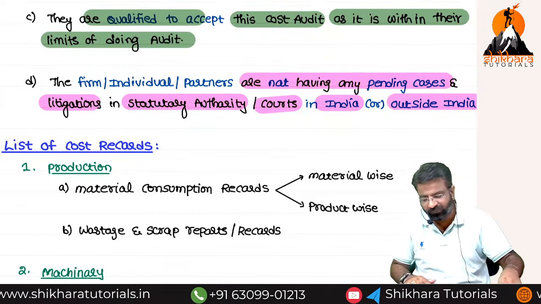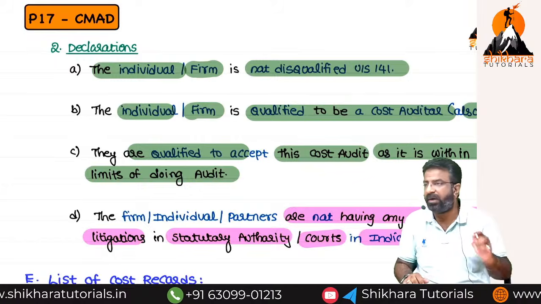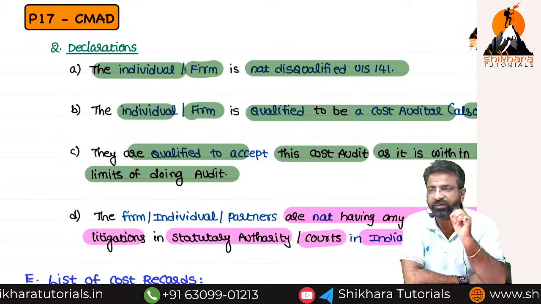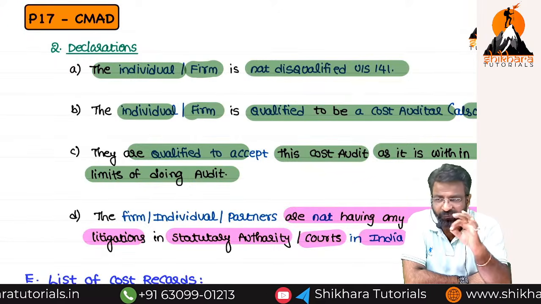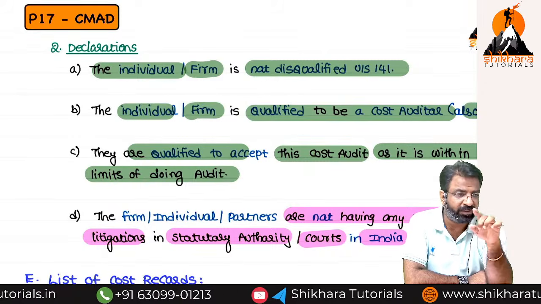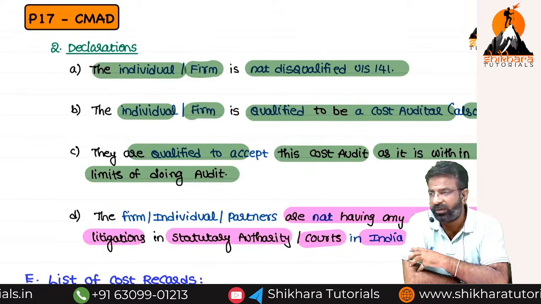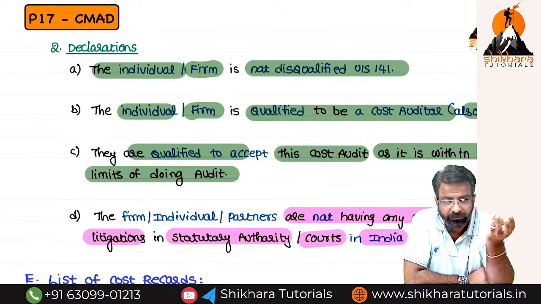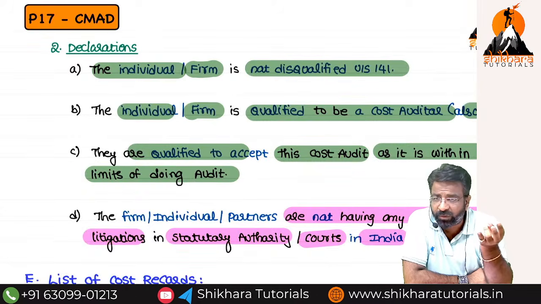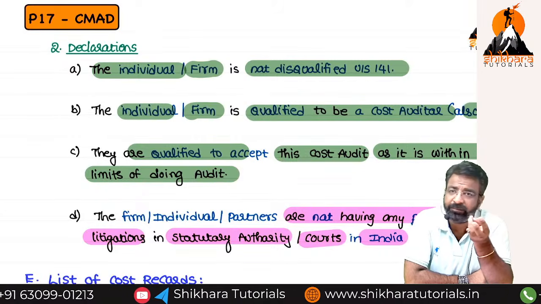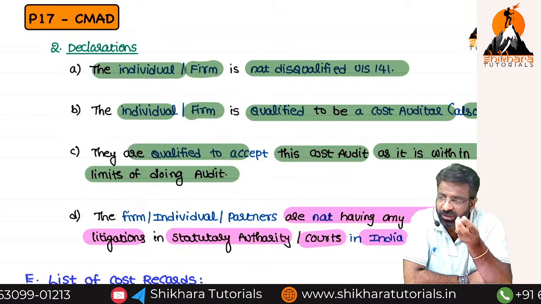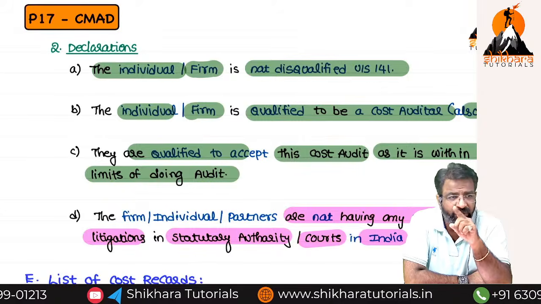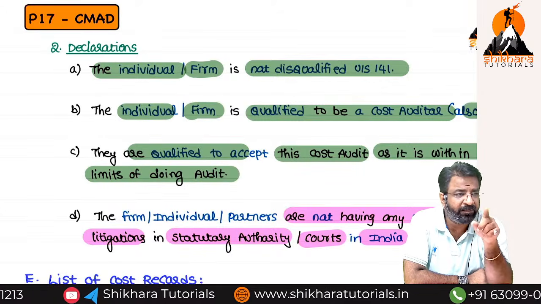So these are the 4 declarations you have to give before accepting the which audit? Cost audit. Now finally your section number 148 is over. So tell me, exemption list. Exemption from cost records, exemption from cost audit. From cost records, we have only one, that is called SME, small and medium.